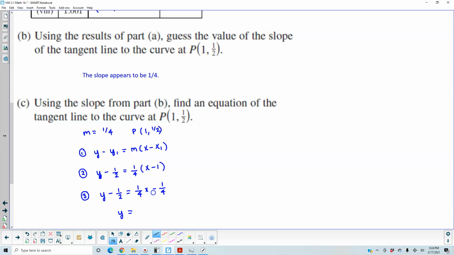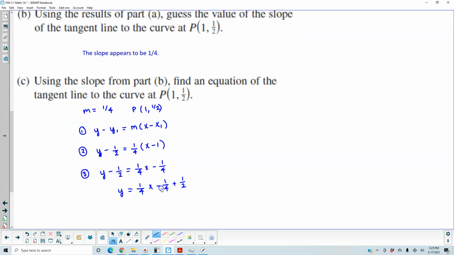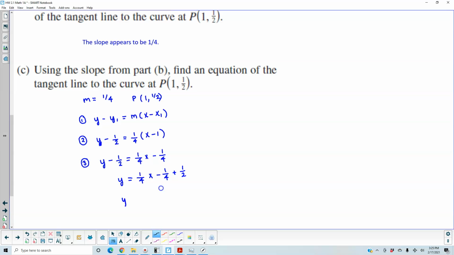And y is equal to 1/4 x minus 1/4 plus 1/2, which gives us the line y equals 1/4 x plus 1/4.